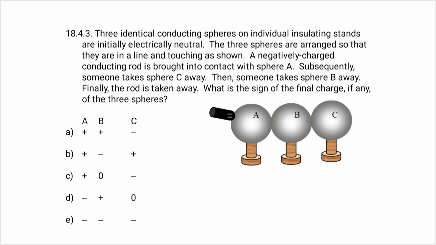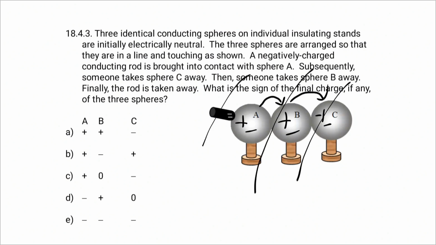So again, A, B, and C have positive and negative charges, which means that they are in a neutral state. So if they are conducting, the charges distribute among them, and then the rod was removed.